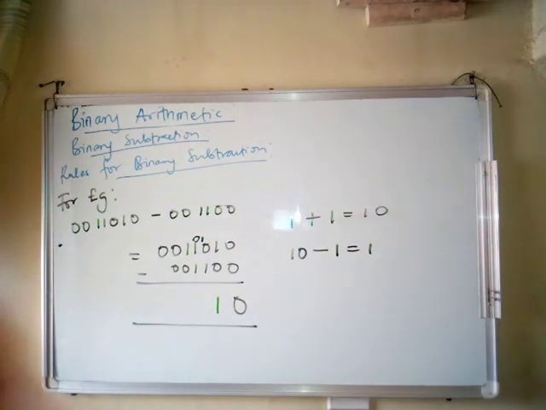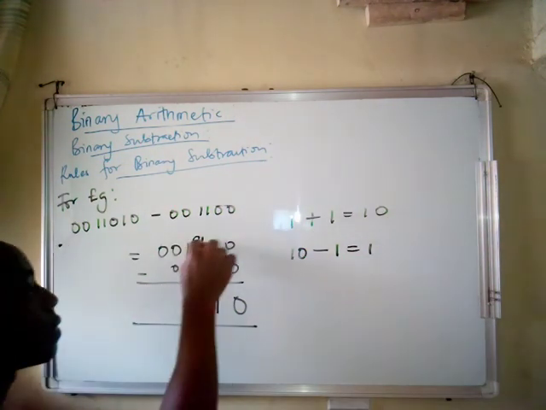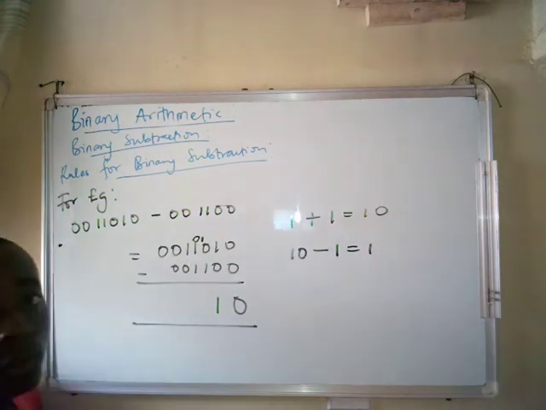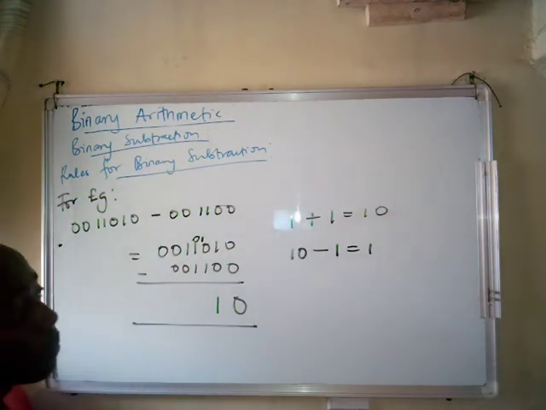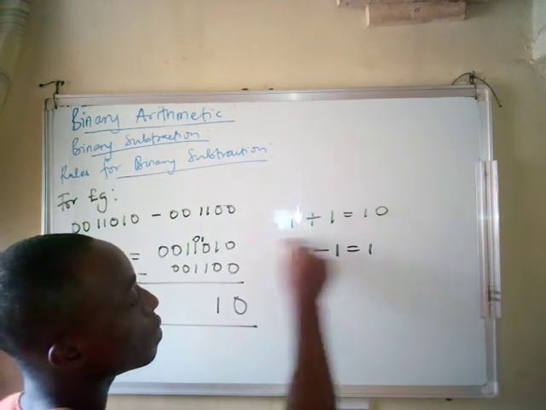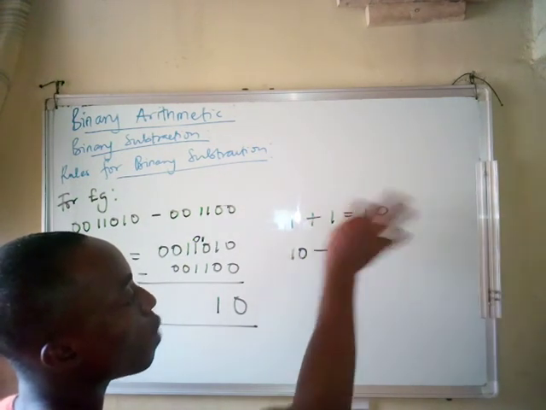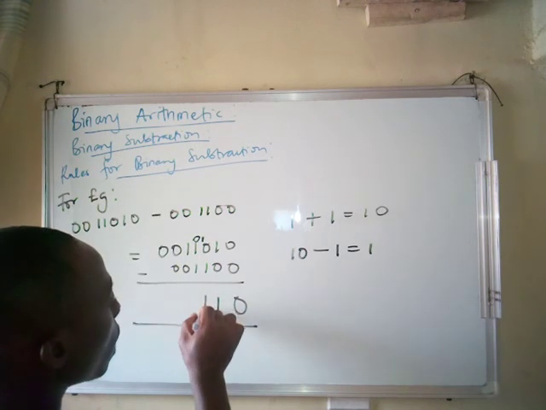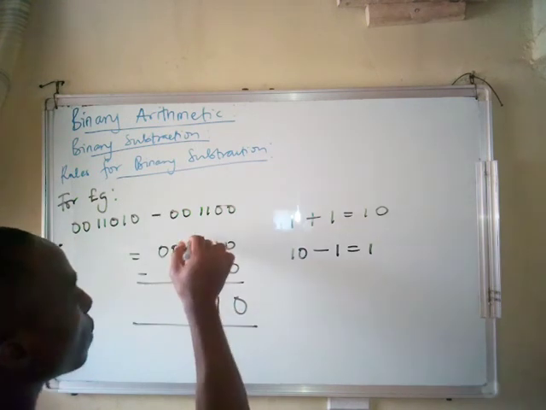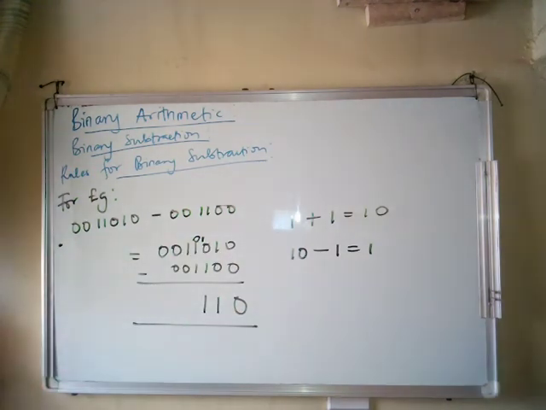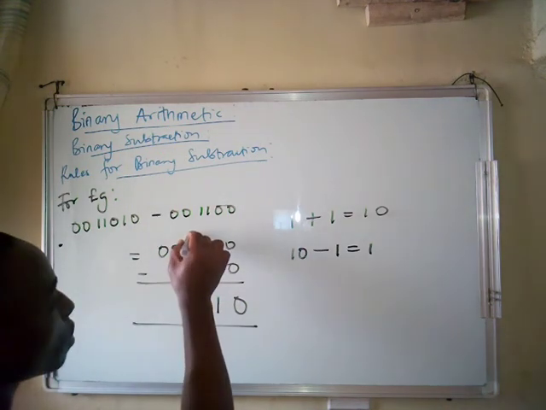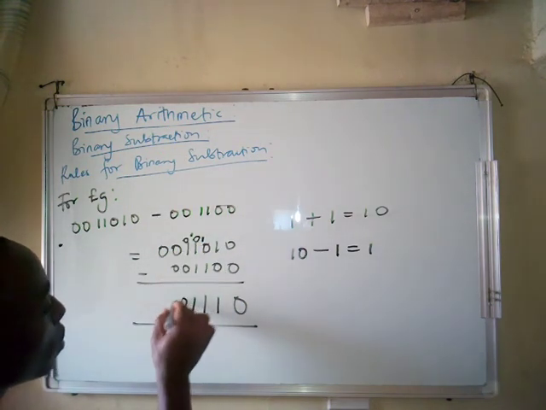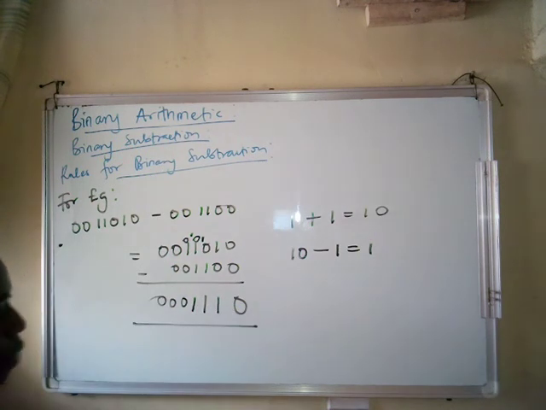So when you borrow and you put it here, it becomes 10. 10 minus 1 is 1, right? According to this. So if you do the opposite thing, put 1 over to the other side, 10 minus 1 is 1. You still have 0 here. You pull this again to this spot, so 10 minus 1 is also 1. Of course, the rest are zeros. They're not important.